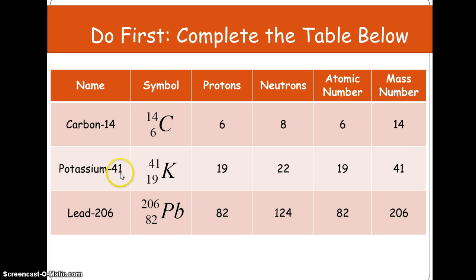Potassium 41 has a mass of 41. And lead 206 has a mass of 206. We know that the mass number is equal to protons plus neutrons, and the atomic number is the number of protons. So take another 30 seconds to make sure that you have these answers down, and then we're moving on to atomic symbols.